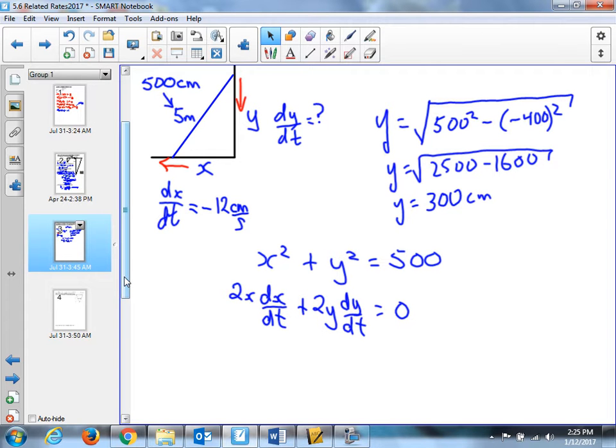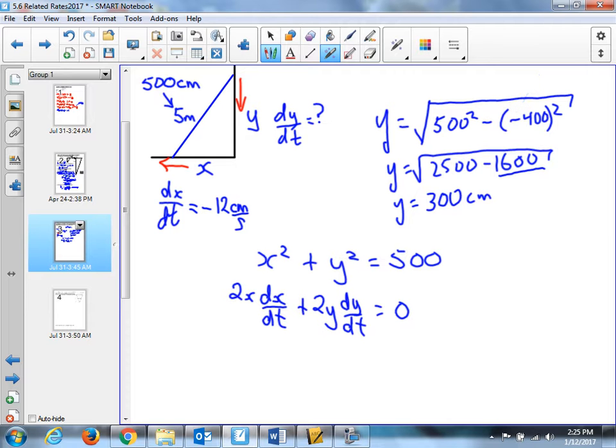Y equals the square root. There's subtraction and then a negative. Correct? Oh, up here? Yeah. Negative 400 should be positive. Like you should be adding the two in the next step, not subtracting.